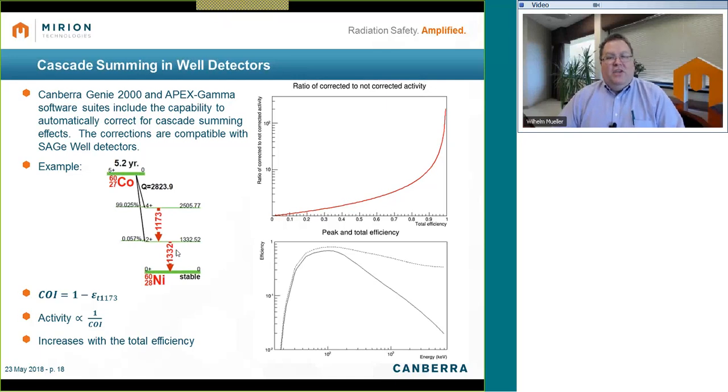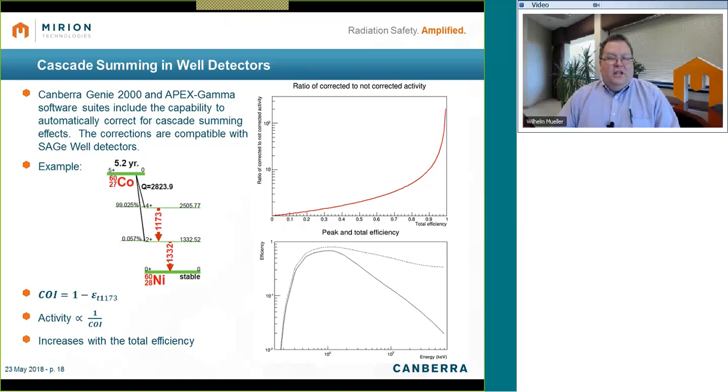So if you detect, for example, the 1332 with its full energy in the detector, and the 1173 happens to enter the detector, even not depositing the full energy but just part of the energy, then you lose that count out of the peak. And this represents a loss in apparent efficiency, or an actual loss of efficiency in your peak, because these are losses that no longer show up in the peak area.